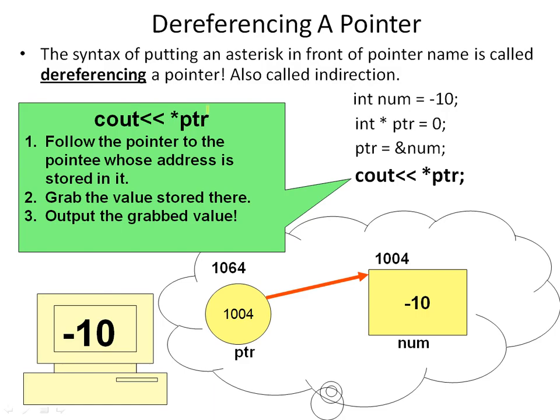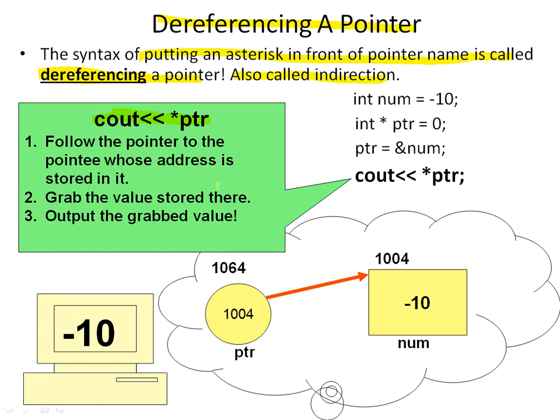Okay, this is called dereferencing a pointer. The syntax of putting an asterisk in front of a pointer name is called dereferencing a pointer. It's also called indirection. Do not let this name dereferencing scare you. Okay? When we execute this statement, what happens?